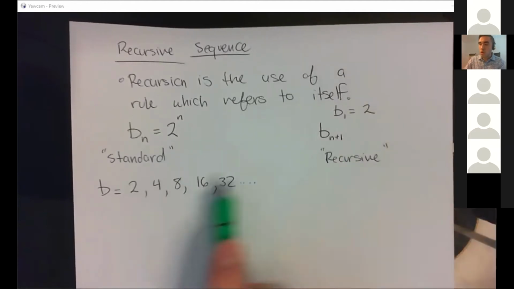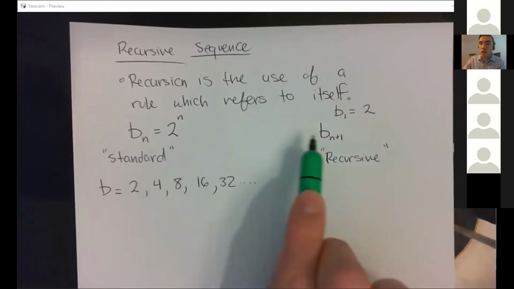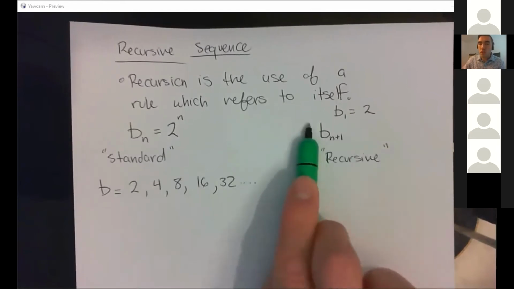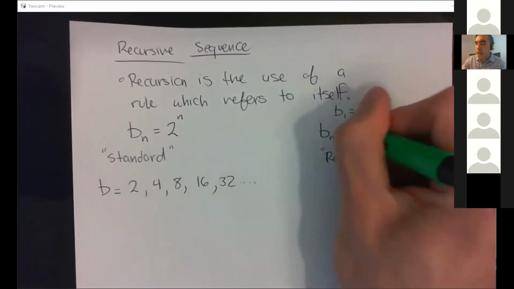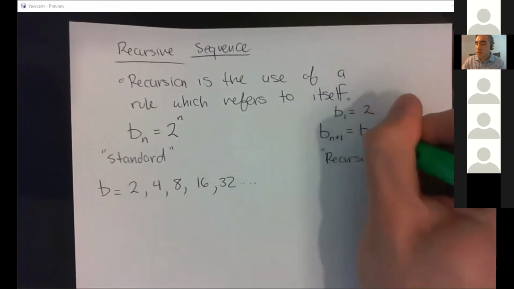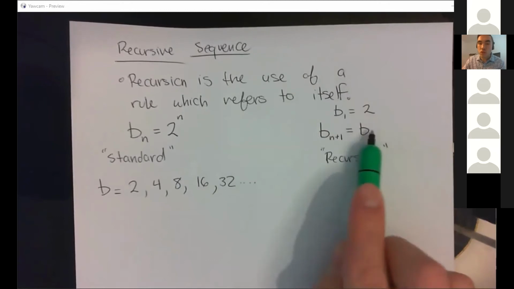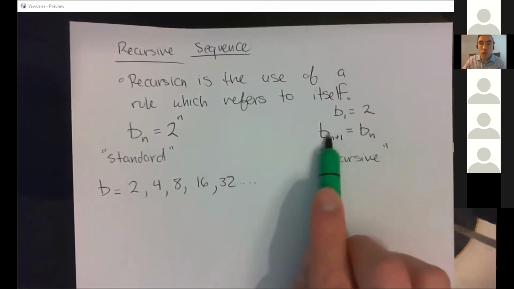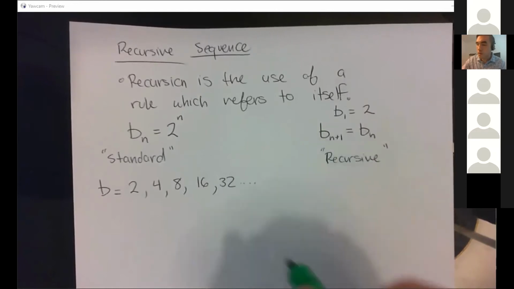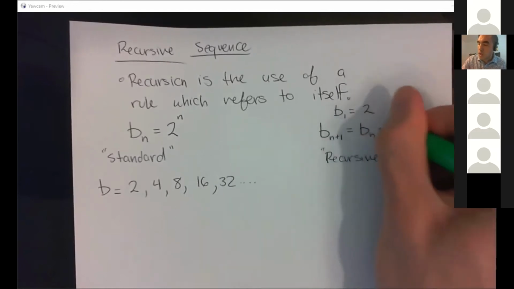So I want to go forward one step. We're going to add 1 to n. When I step forward, b sub n plus 1, take the last b, which in this case is b sub n, right? So you calculate b3 based on b2. You calculate b4 based on b3. You calculate b101 based on b100 by multiplying by 2.